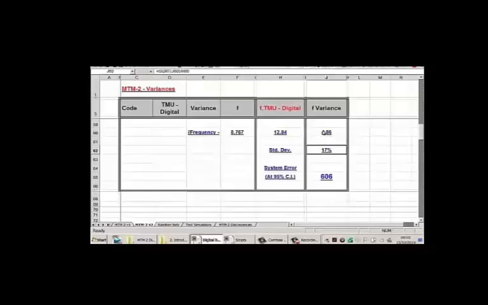We'll then take the square root of the variance and divide it by the mean TMU value to give the percentage standard deviation, then by some arithmetic calculation, which you can see up in this little formula at the top of the page here, we arrive at a systematic error, or a system error, at 95% confidence of 606 TMUs.